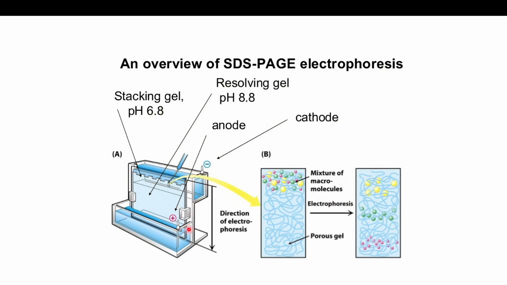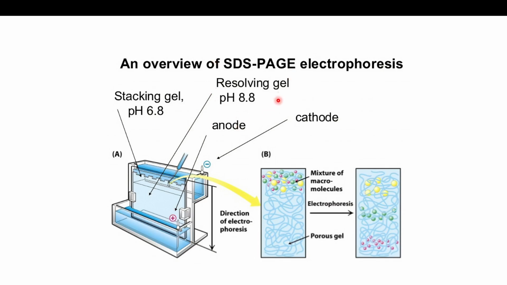Because the protein or sample of your interest is coated with SDS, an anionic detergent, it will have a negative charge. So it will be repelled from the negatively charged electrode, and it will move towards the positively charged electrode.